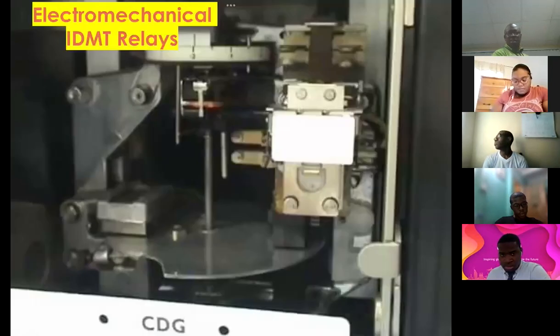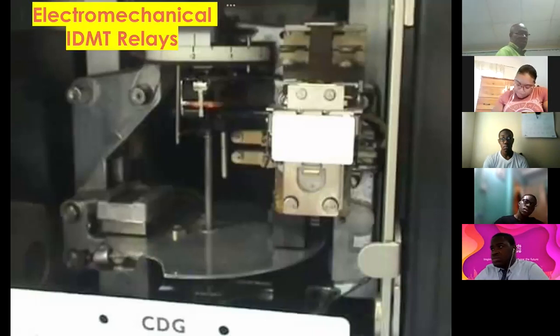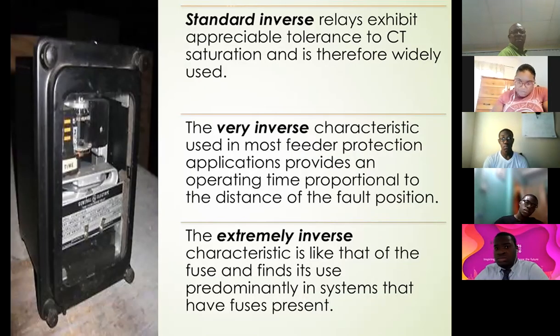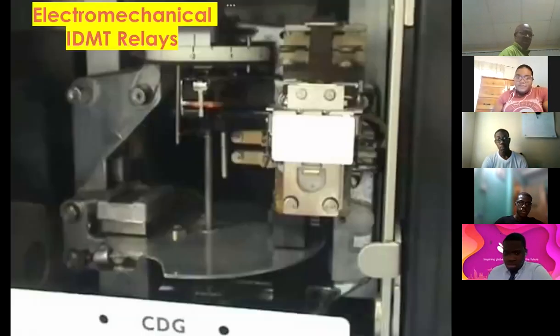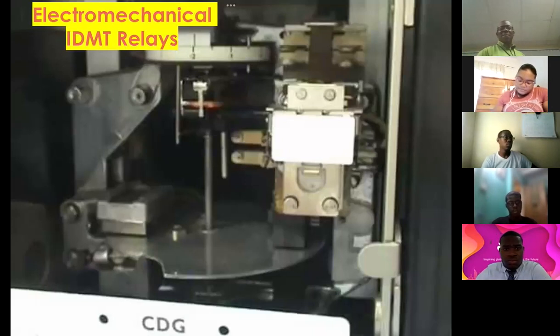So I believe this is by far the best photo I have of your electromechanical. All right, did you finish writing this up? All right. So I think this is the best photo I've had so far. Even though it's still not that good, but we work with it.